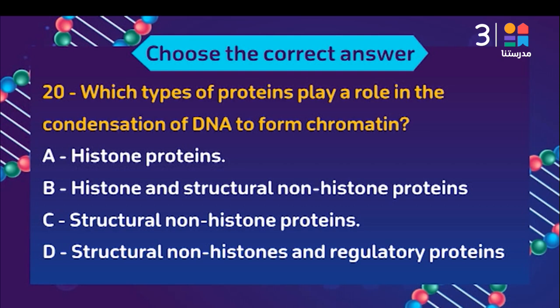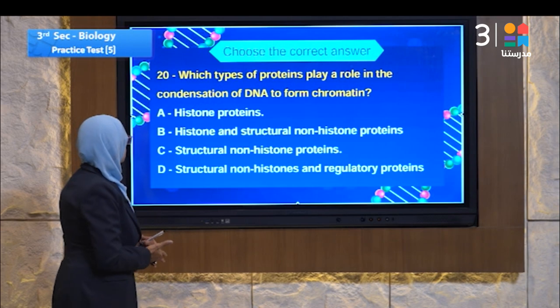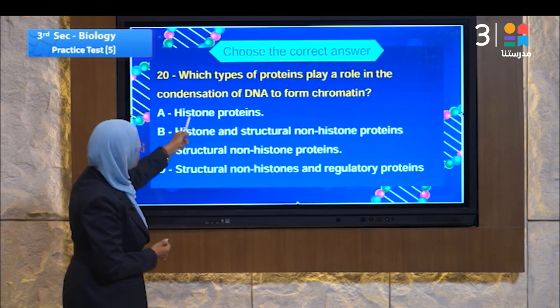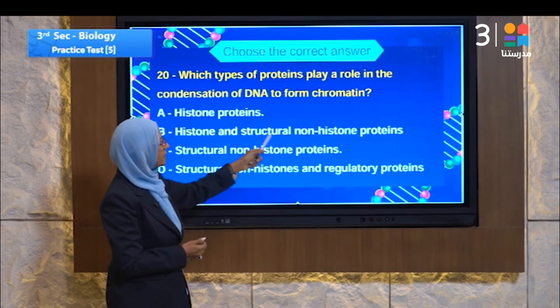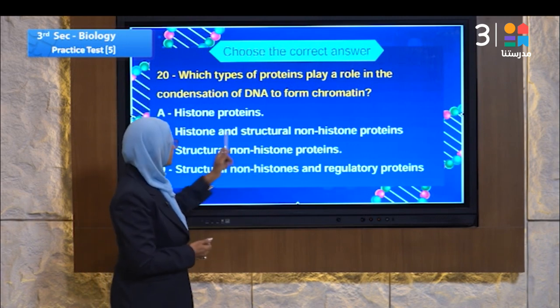So, which of them are the proteins that help in condensation of DNA to form chromatin? It must be one or more. Let's decide. Number A, histone protein. B, histone and structural non-histone protein.